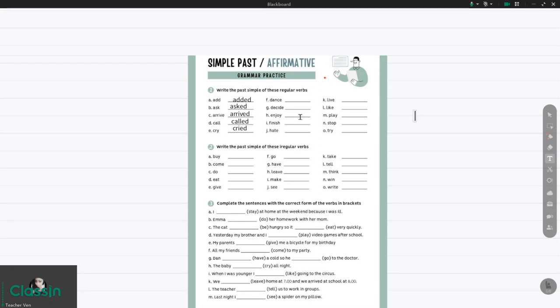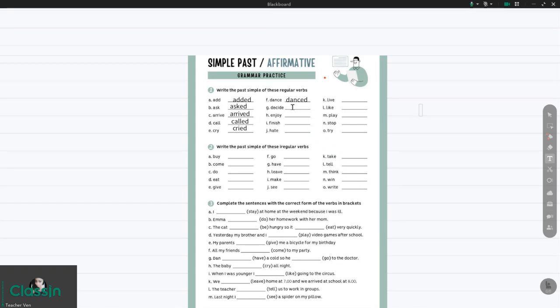Okay. Let's move on to our next one, which is dance. Simple past tense. Dance. We are just to add, again, it's just adding ed or d. So for dance, it's danced, right? Okay. Danced. All right. Perfect. And for our next word, it's decide.